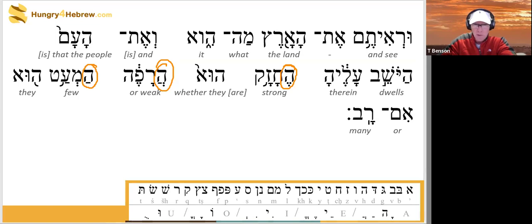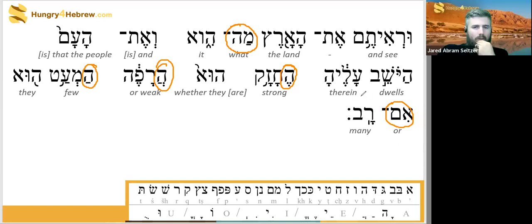But if we put a question mark there: see the land, what it is, and the people dwelling therein, the strong, pause, question mark, whether they are weak or few, they are many. If I put a question mark there and a pause, I could make that a definite article. I'm just making an argument for the case.